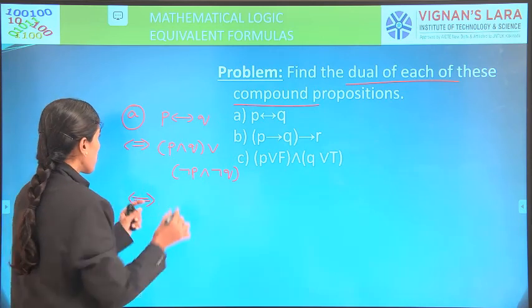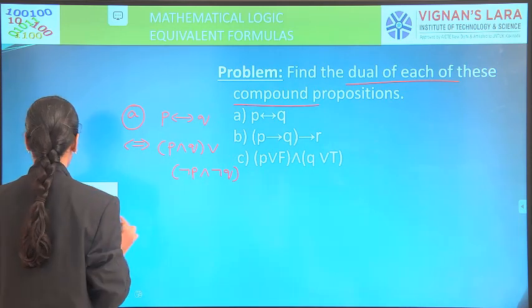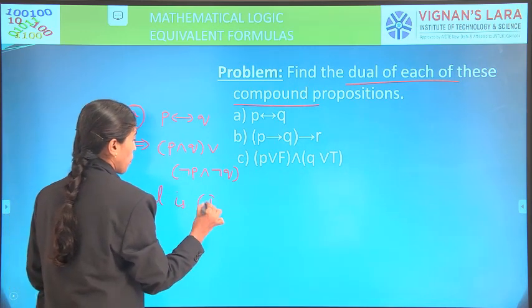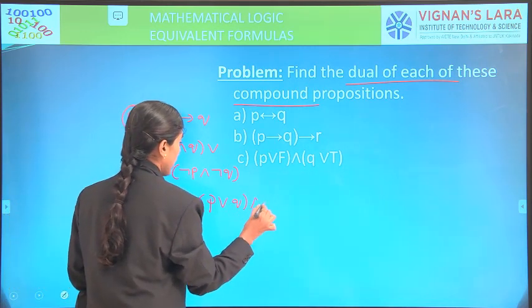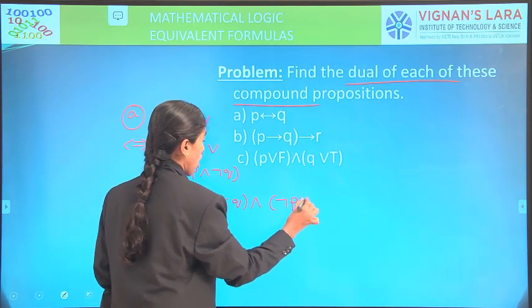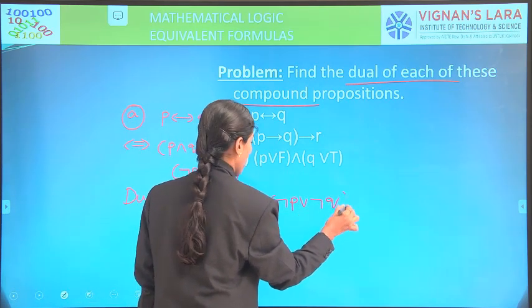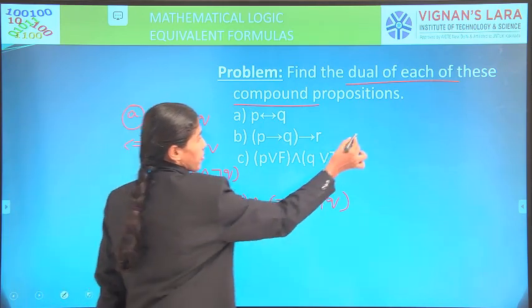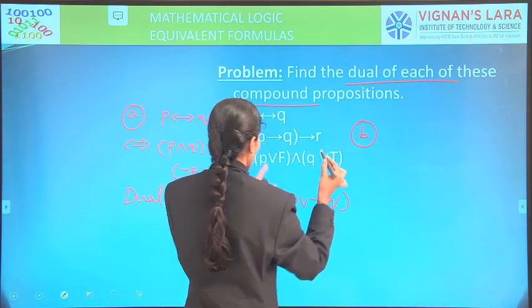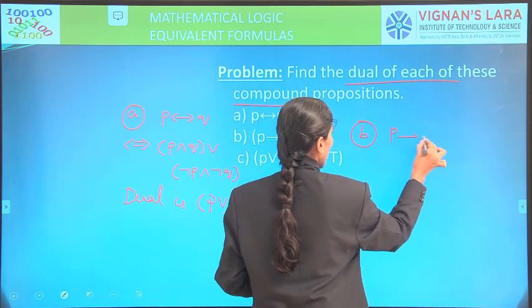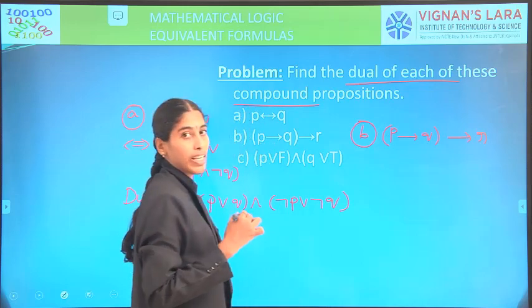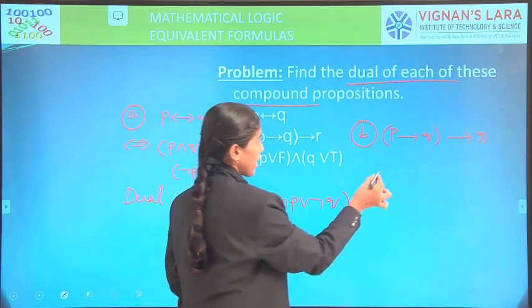Now the dual of this one is P or Q and negation P or negation Q. It is a dual of P biconditional Q. The second one is there, P conditional Q. Again conditional is there. First we need to write that conditional into OR and AND symbol.